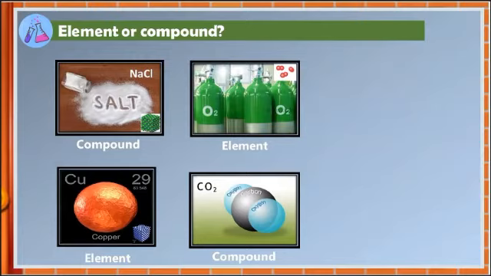Sabi ko kanina, pag dalawa na siya, automatically compound na. But O2 is single lang, isa lang siya kahit may 2 sa ilalim. Still, it is oxygen. NaCl, dalawang element. Copper, isang element lang. So carbon dioxide is a compound.